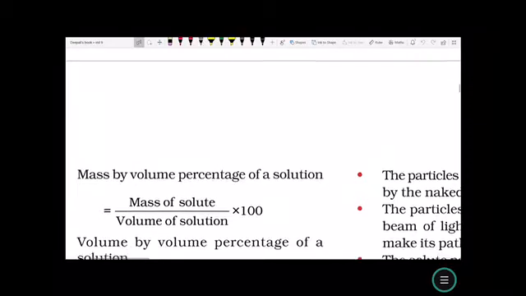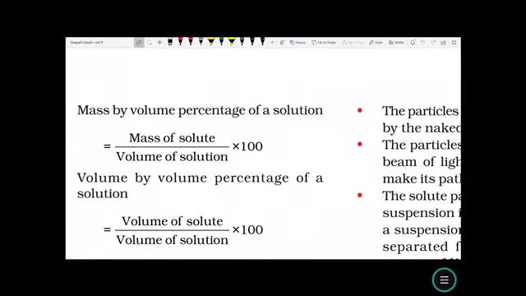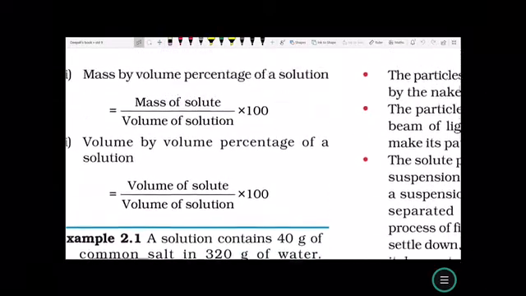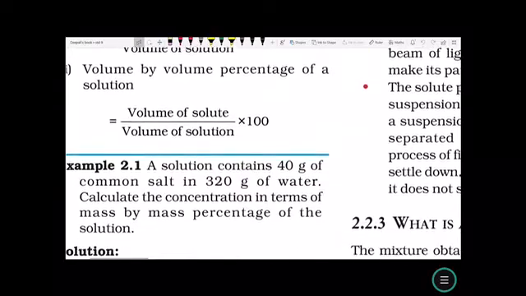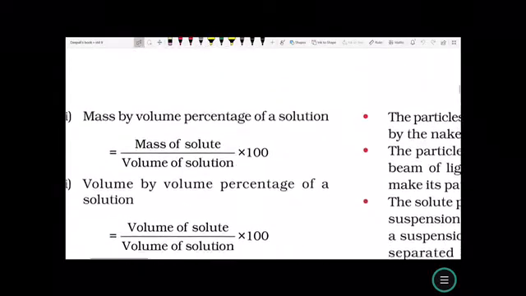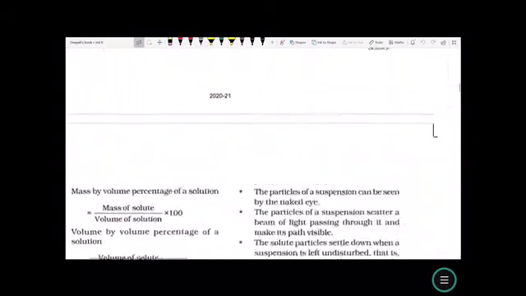So mass of solute upon volume of solution into 100. Third is volume by volume percentage of the solution, that is volume of solute upon volume of solution into 100. It is very simple to remember this and solve numericals based on this.